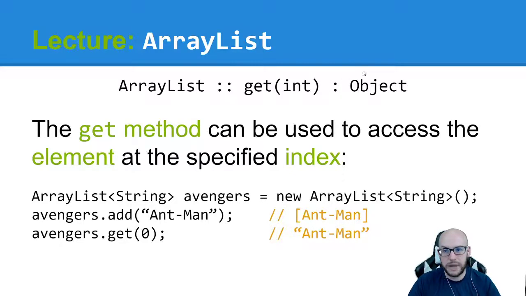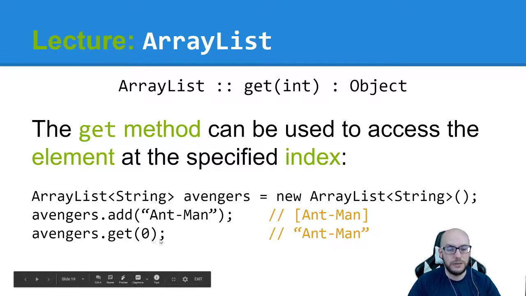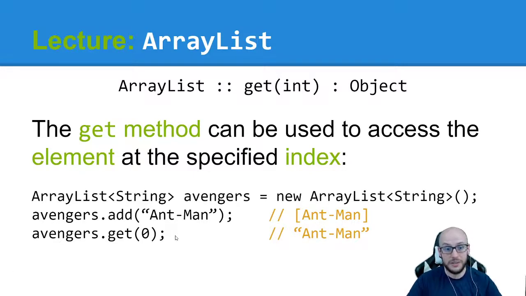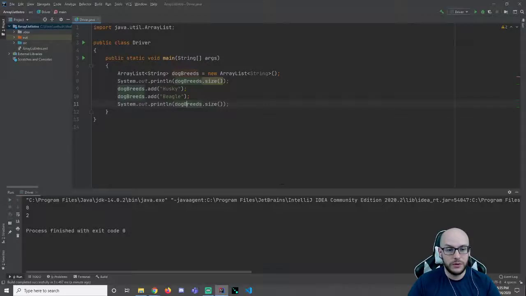It's going to give us back the object at that index. In the case of my Avengers array list, we add Ant-Man, and notice that we are getting the element at index 0. So just like arrays, this is a good thing. These indices start at 0. If it was different from arrays, that would just drive us crazy for sure.